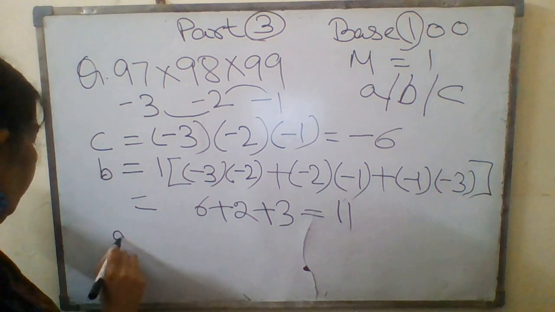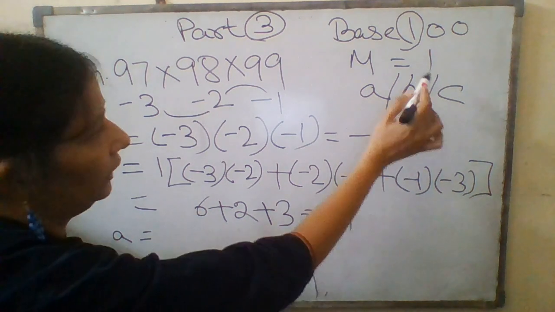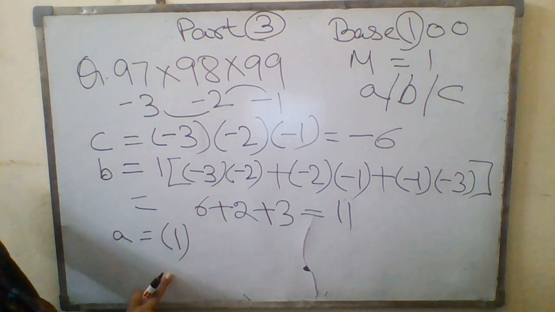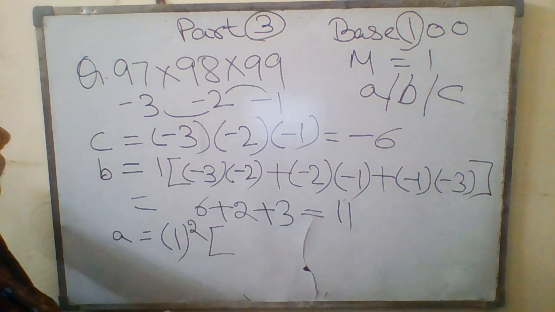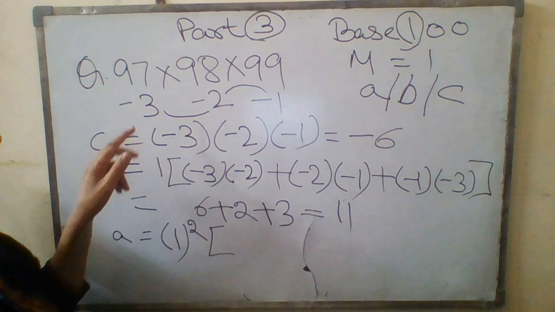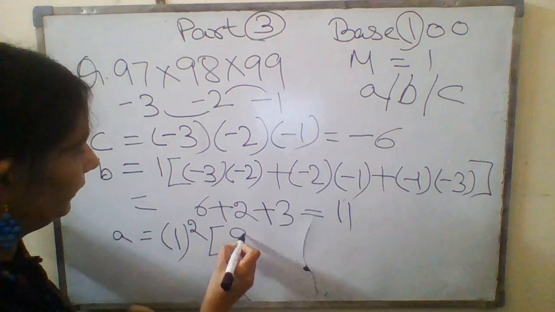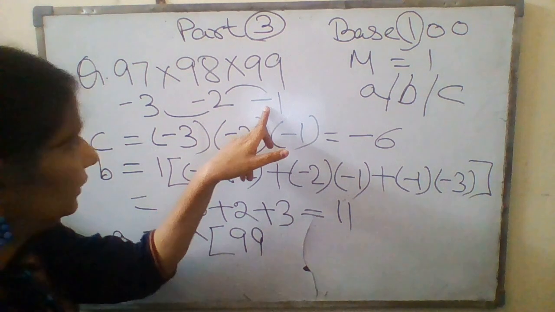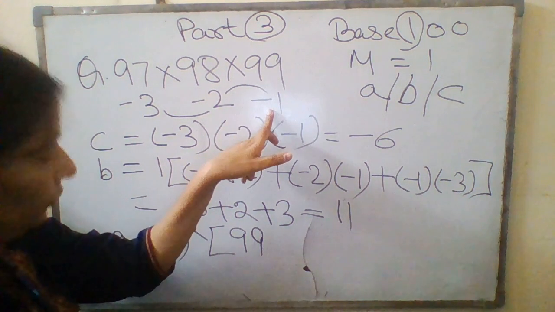And now you have to find the value of A. To find the value of A, you take the square of the multiplier. The multiplier here is 1, so you take the square of the multiplier. Then in this bracket, I am going to take the last number, 99. This minus 1 is the deficit of 99, so if I have taken 99, I will not take its deficit.